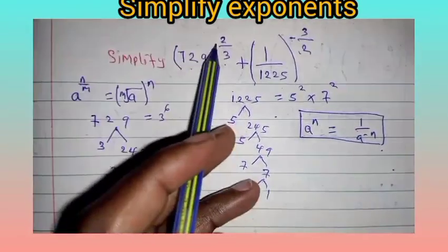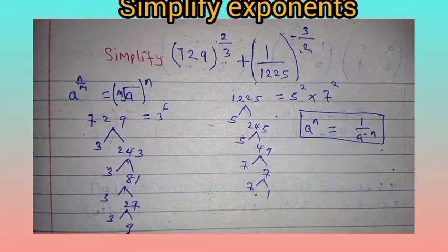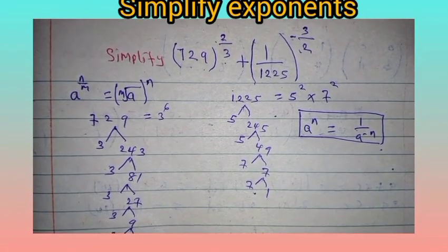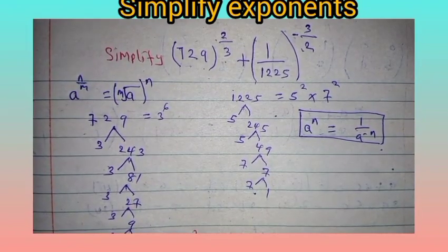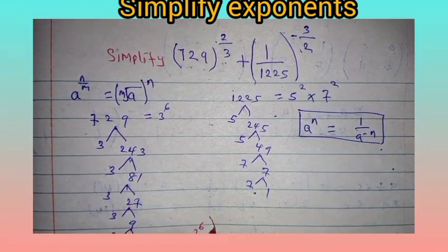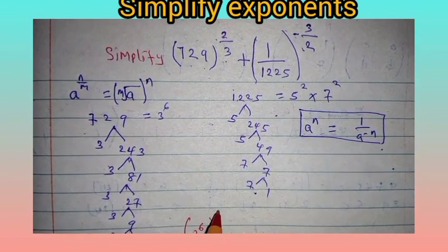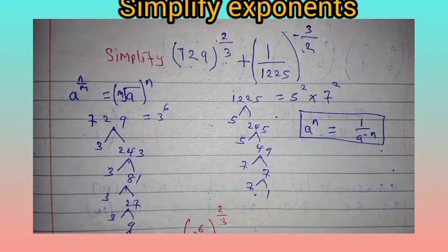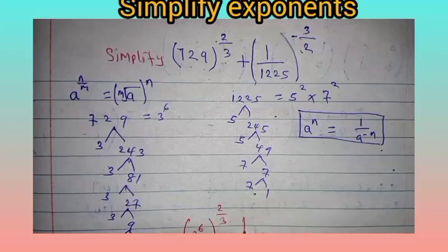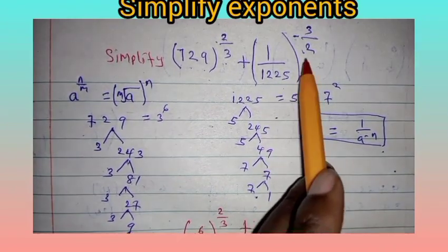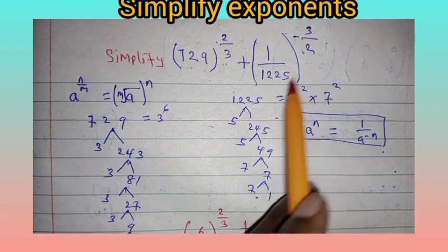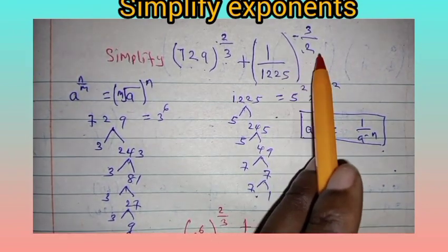Now we substitute these values which we have obtained. Instead of 729, I will write 3 power 6, then into bracket 2 power 3, then plus, I'm going to make use of the identity we have here.